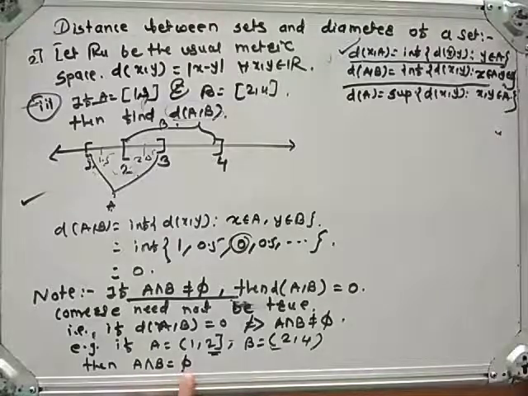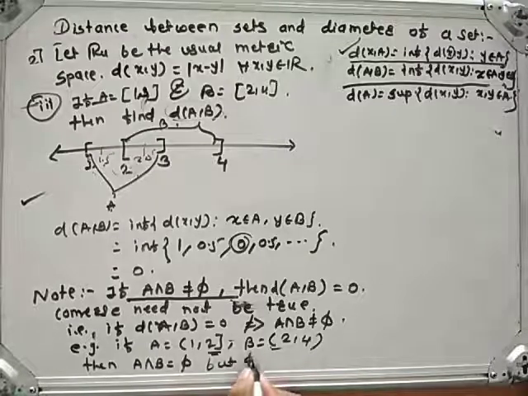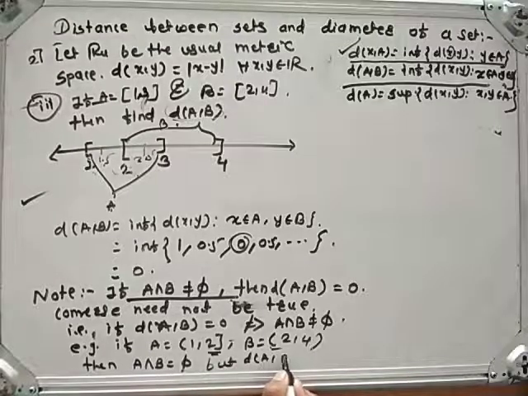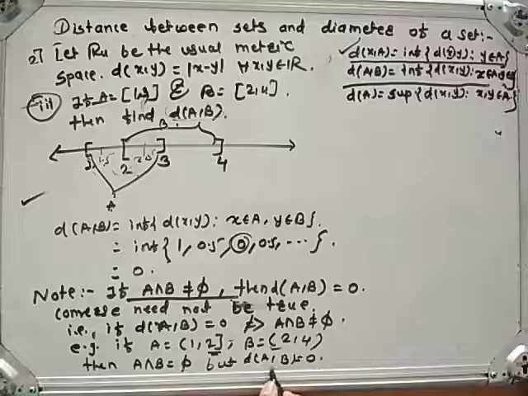Therefore, A intersection B is empty, but d(A, B) is also 0. Means d(A, B) equal to 0 does not imply A intersection B is not equal to the empty set.